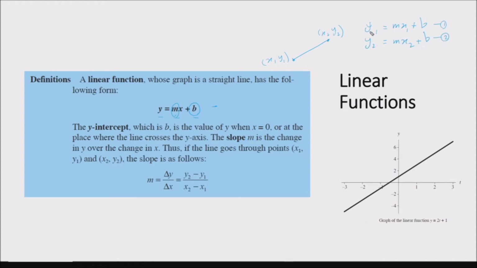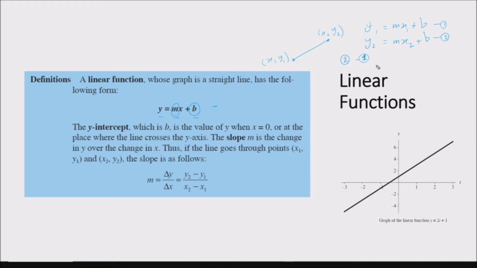Those are two equations I can generate with a linear equation going through these 2 points, right? So why am I doing this? I want to find what m and b are. I have two unknowns and two equations. How do you solve this? If I subtract 1 from 2, or the other way around, let's keep it consistent with the equation they're talking about, I'm just subtracting 2 from 1.